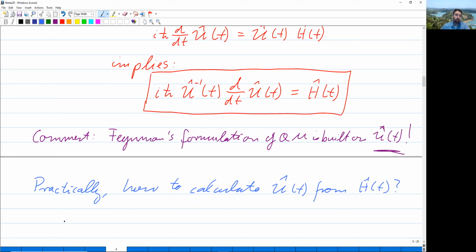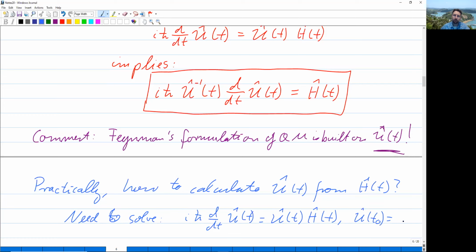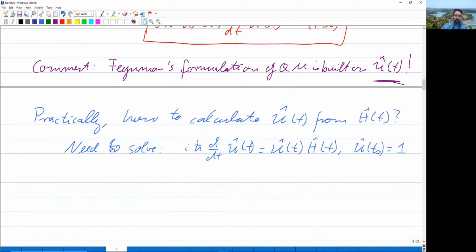Well, we need to solve what we said we would need to solve above: i h bar d by dt of U hat of t equals U hat of t H hat of t, and U hat of t naught equals the identity. These are the equations that we need to solve.